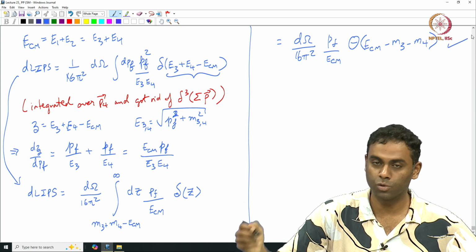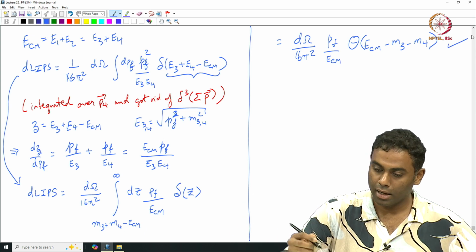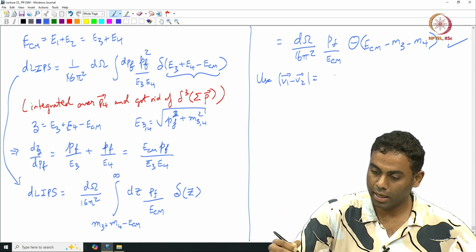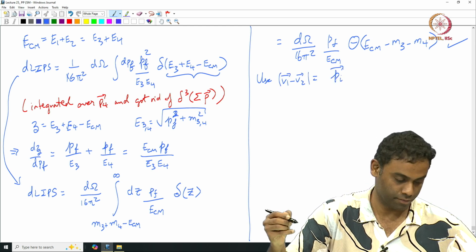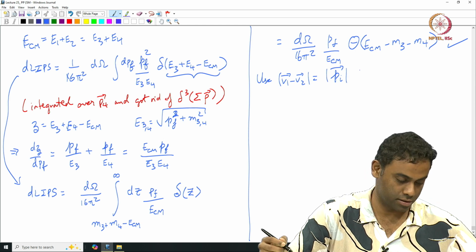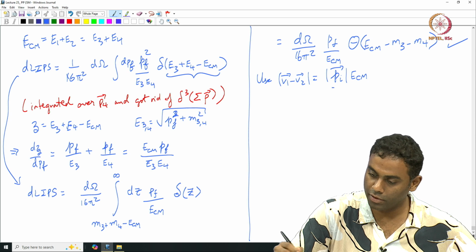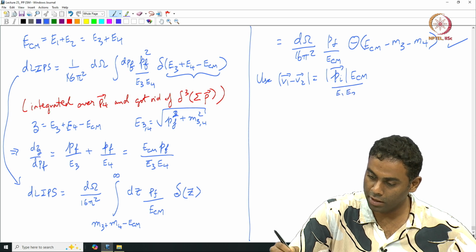So that is one bit, and I am also going to use the fact that V1 minus V2 can be expressed as this. So this is a very trivial thing to derive.